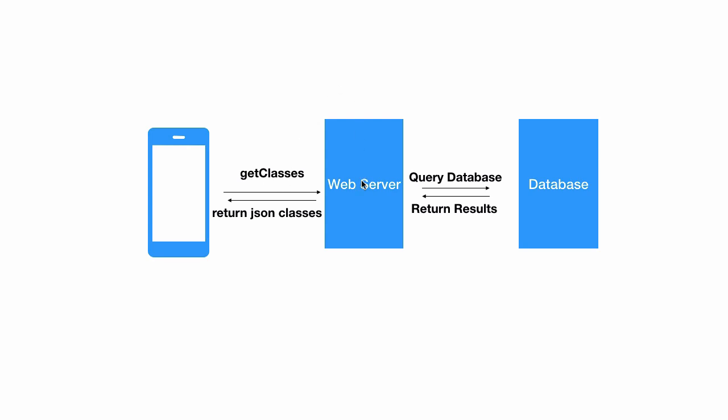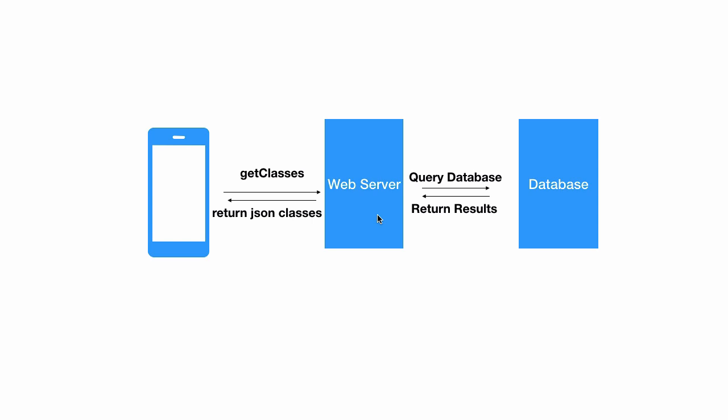The web server is then going to query the database on our behalf. The database is going to return the results to the web server. So in our case, we're going to query the classes table in the database for all the items in that table. That will return it to the web server.